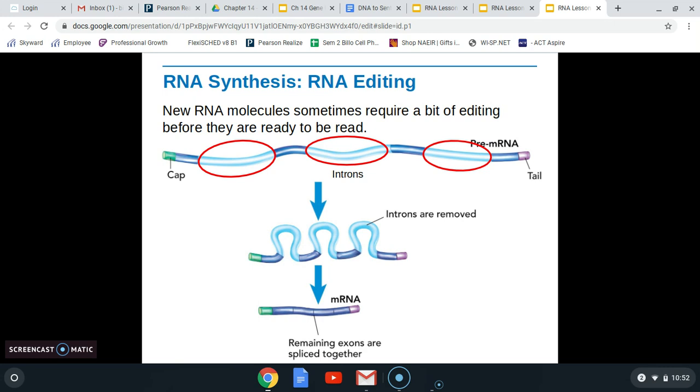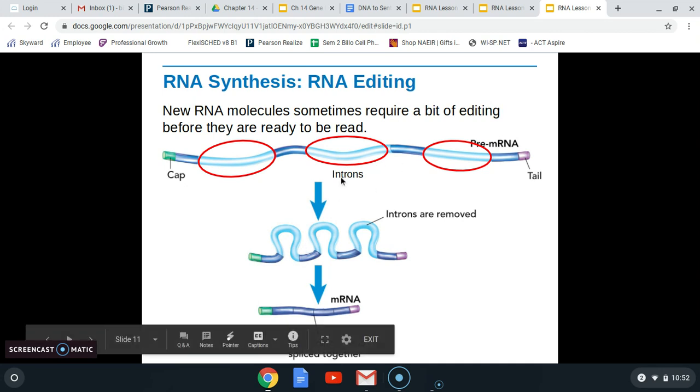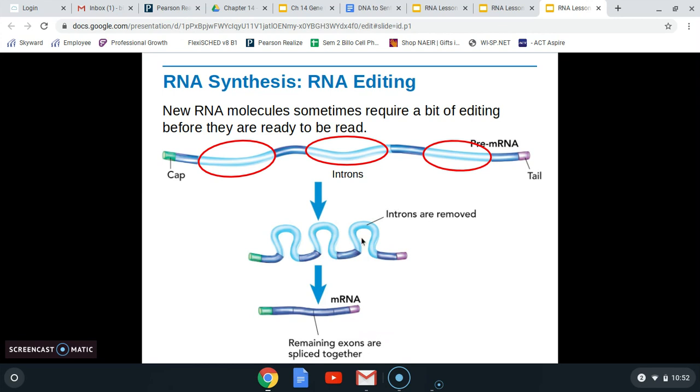The other portions in dark blue are called exons. So what we want to do is get rid of these introns, and we want to splice together what's left. Notice that the final RNA molecule is much smaller than the original. This is called RNA editing or RNA processing.